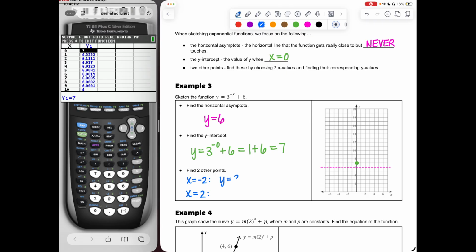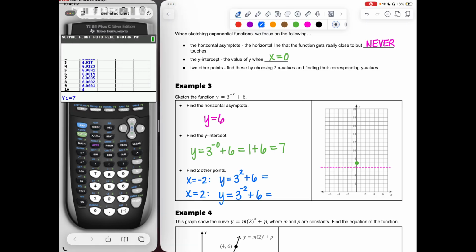So y is equal to 3 to the power of negative x, but if I say negative 2, that will turn into a positive 2, and then I will have plus 6. If I substitute in positive 2, y is equal to 3 to the power of negative x. Well, if x is 2, that would just be negative 2 plus 6.